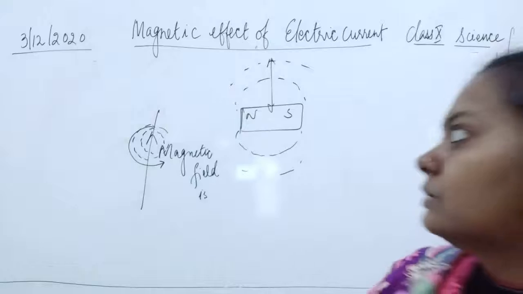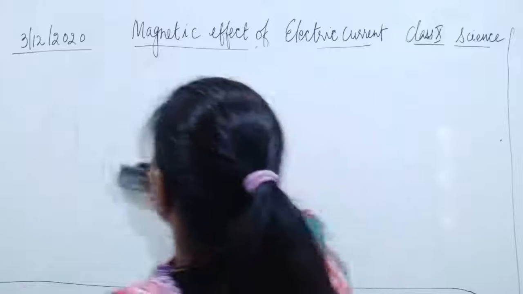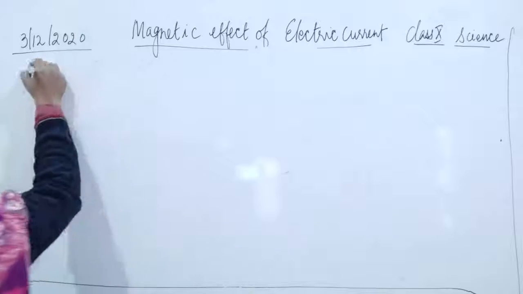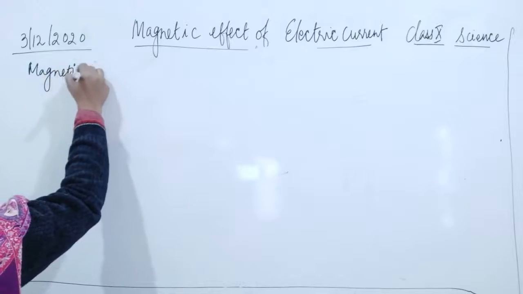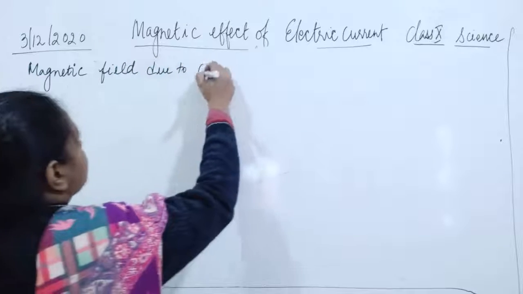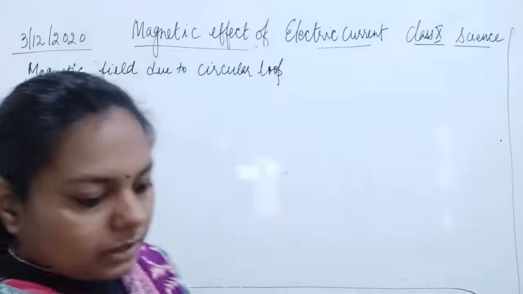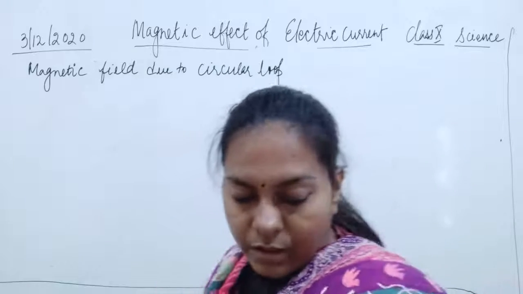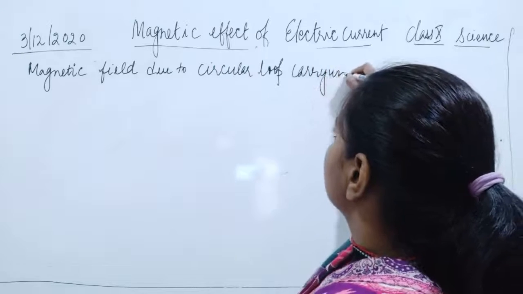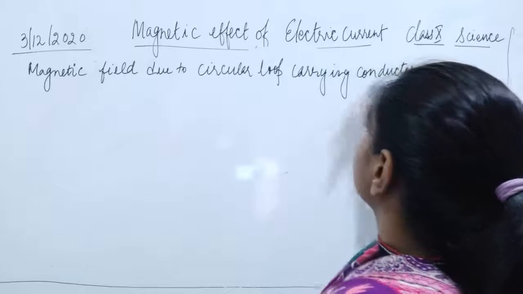So the next topic is magnetic field lines due to a circular loop, or it could be a circular wire carrying current conductor.